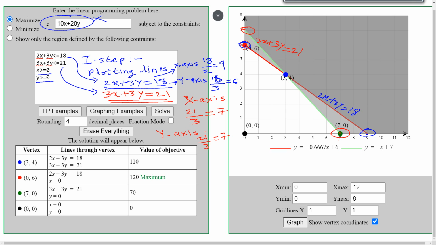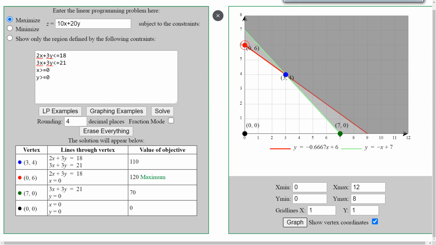Thus, we have plotted lines. First step is completed, plotting lines. Now, in second step, we have to determine the feasible region. How do we determine the feasible region? We have seen it in an earlier part of this chapter.